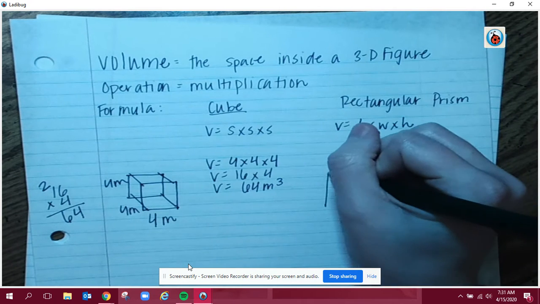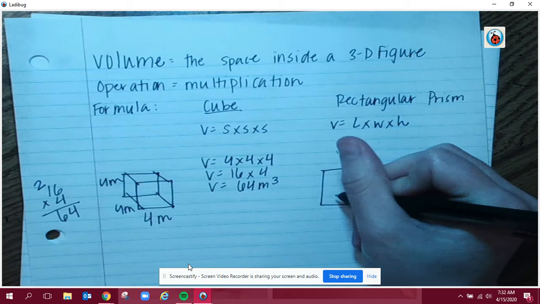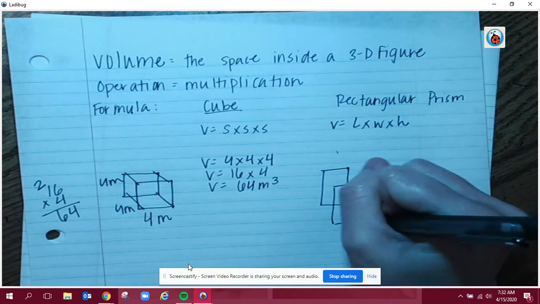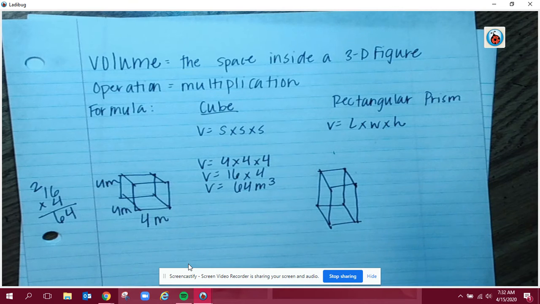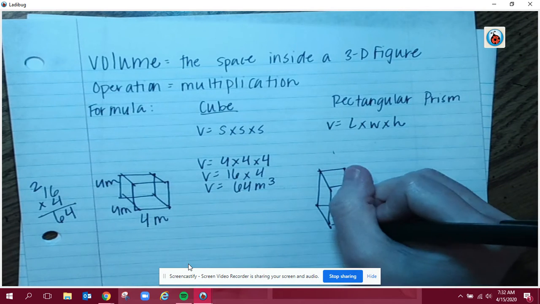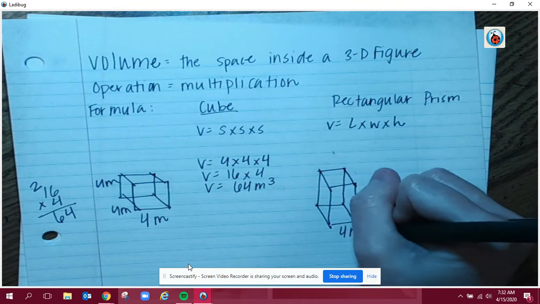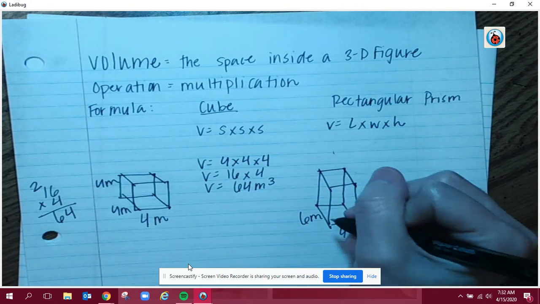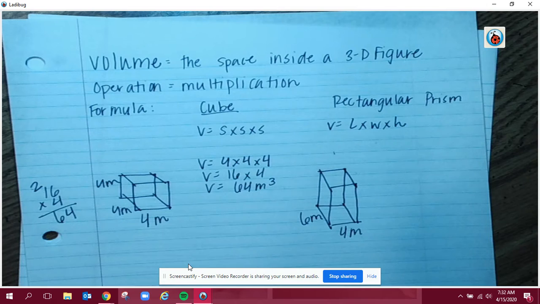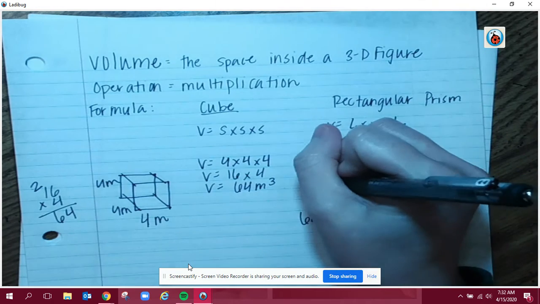All right, if we were talking about a rectangular prism, this time we're going to say that my width is 4, my length is 6, and my height is 8.